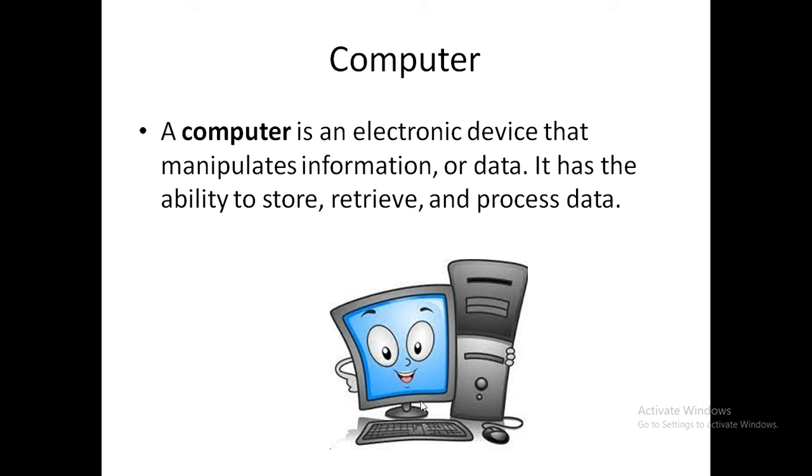Your refrigerator, television, mobile phones, laptops, computer, all these are electronic devices. But the computer is also an electronic device that manipulates the information and data, and it has the ability to store the information in itself.